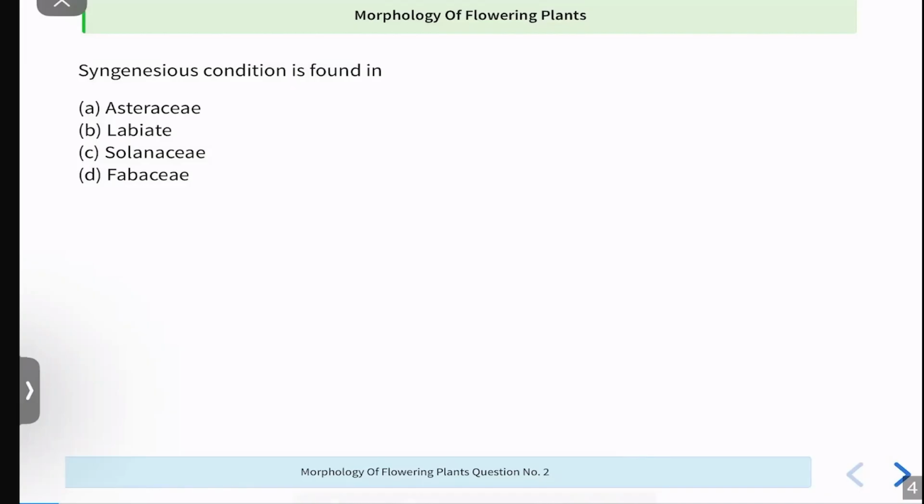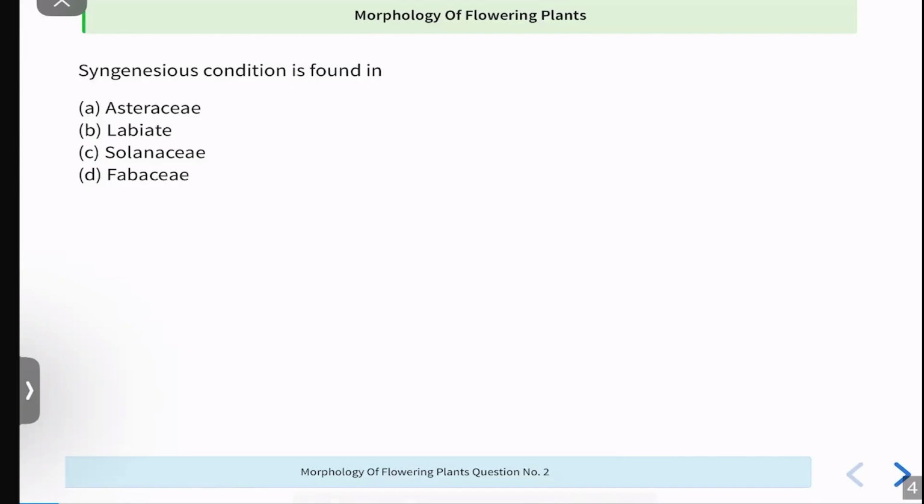And genesis is basically for anther. So syngenesious is where anthers are fused while the filaments are free, and these fused anthers form a circle around the gynoecium.